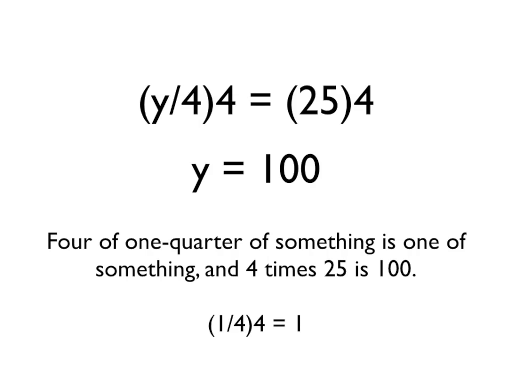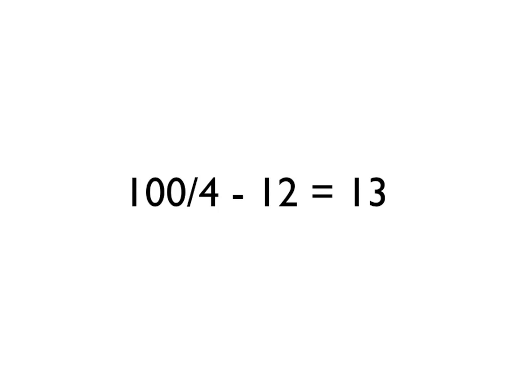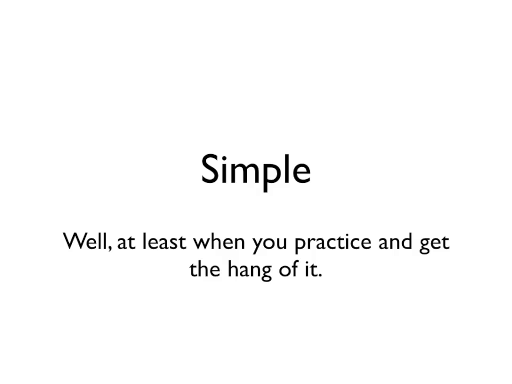Okay? And you know, y over 4 times 4 is y. Because one quarter of something 4 times is the whole thing. So y equals 100. That's what we get. 100 divided by 4 minus 12 is 13. Hopefully you find that simple.